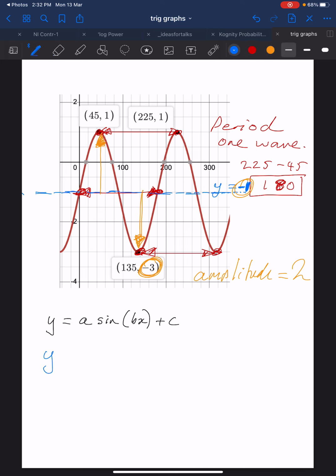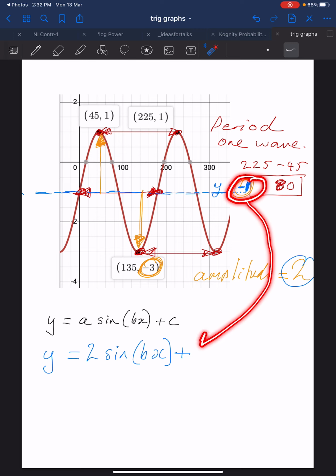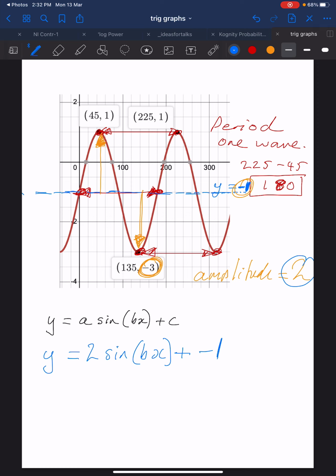So y equals the A value, which is A for amplitude. That's 2. Sine, I'm going to leave the B for now, as that's the hardest one to do. And then plus C. Well, the C is just the coordinate of the center, the principal axis. So that's plus or minus 1, and of course we can change that into a minus.